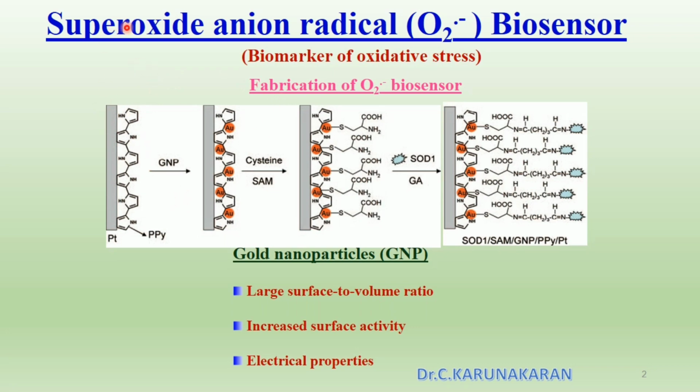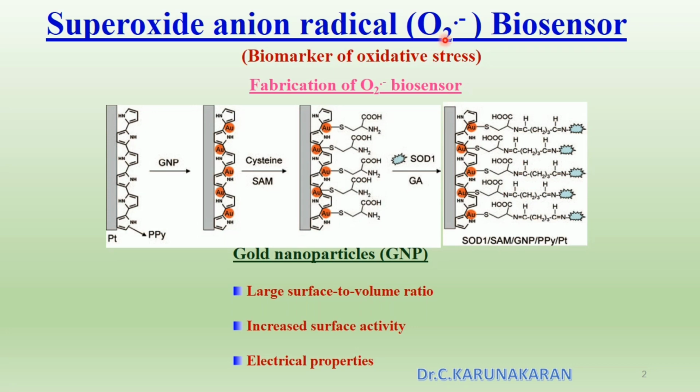For example, in this slide, I have shown how we have developed the superoxide anion radical biosensor. What are superoxide radicals? Superoxide radicals are nothing but oxygen, O2, when it is partially reduced.